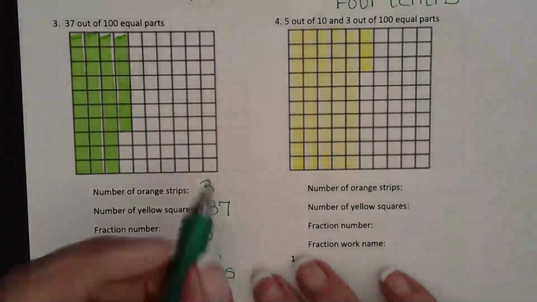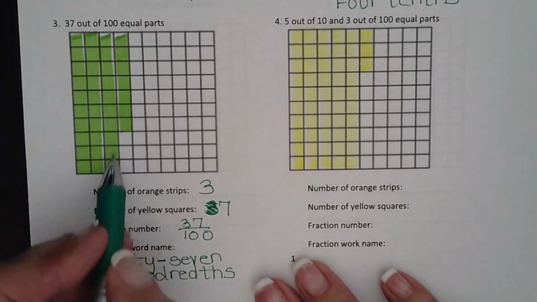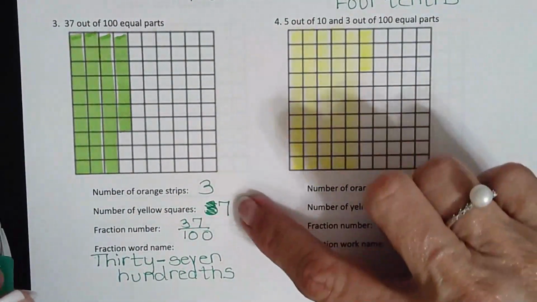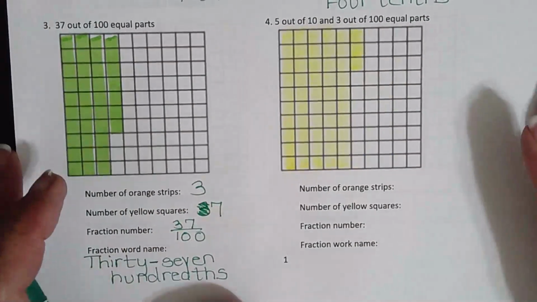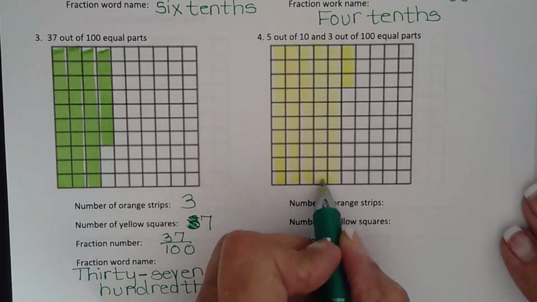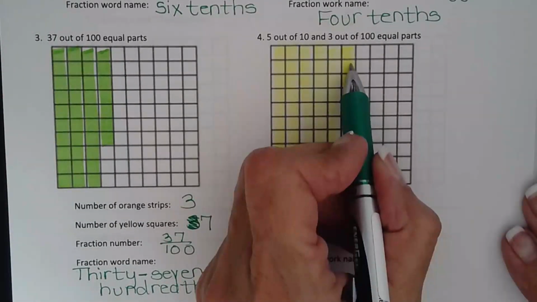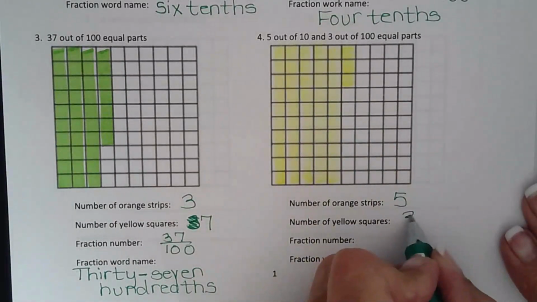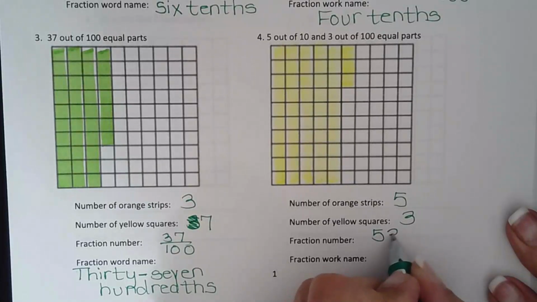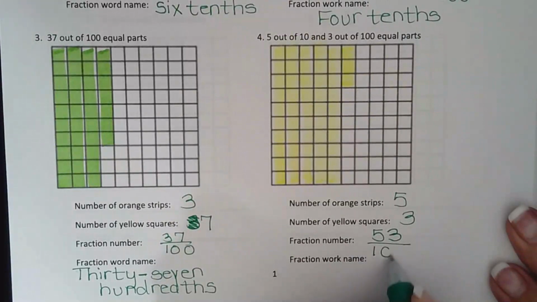So let's just change that back to 7. So we have 3 strips and 7 squares, and then that makes 37 100ths. So number of orange strips, 1, 2, 3, 4, 5. Number of yellow squares, 1, 2, 3. So that's going to make it 53 out of 100.